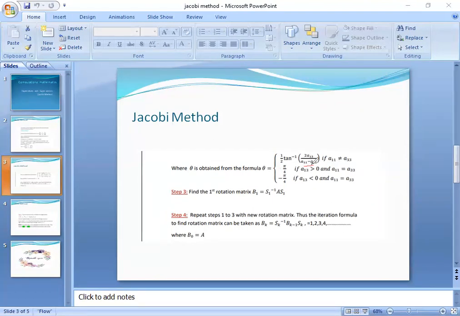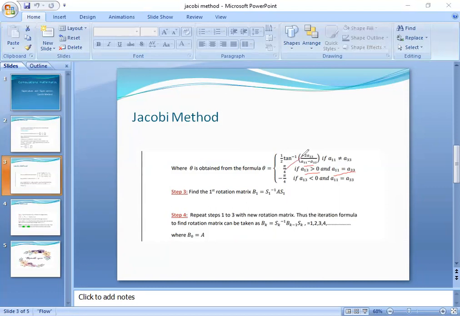Now it becomes either plus infinity or minus infinity according to the sign of A13. Suppose that A13 is greater than 0 and A11 equals A33. Then our theta will become half tan inverse of 2A13 by 0. It is half tan inverse of infinity. Then it is half into pi by 2, nothing but pi by 4.